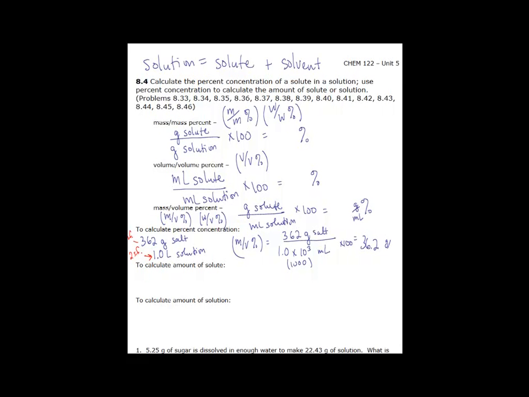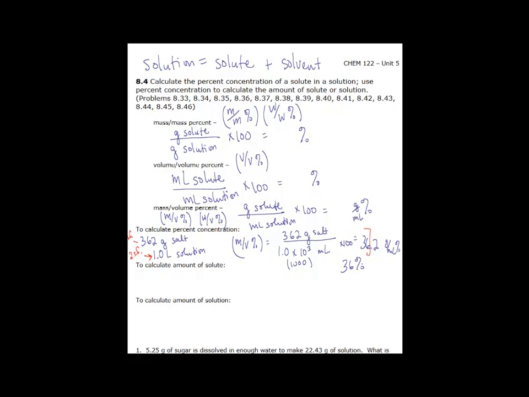You can put grams per milliliter percent. Careful with your sig figs. We need to have 2 sig figs. So the mass volume percentage would be 36%.